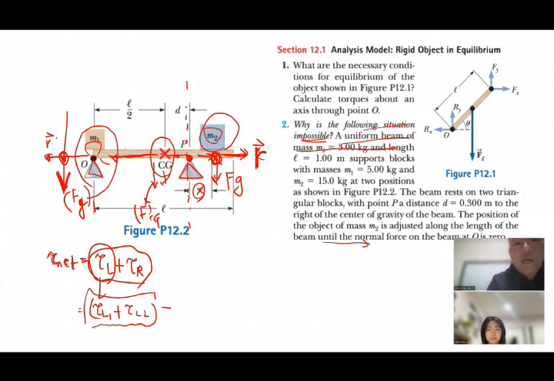So if you decide outward from the whiteboard is the positive direction, then the torque inward should be the minus direction. So that should be torque.